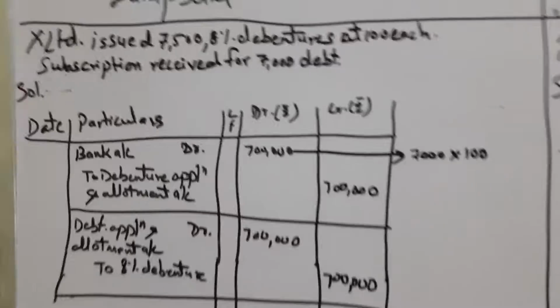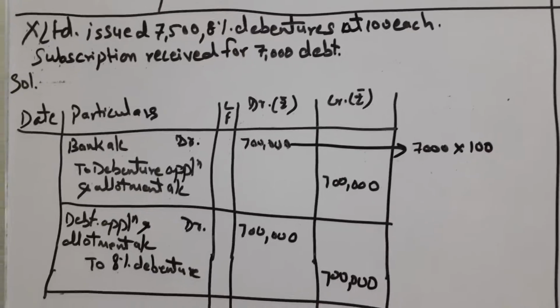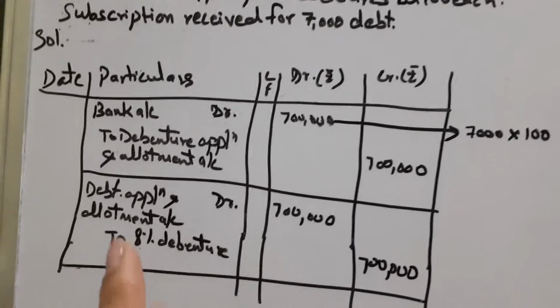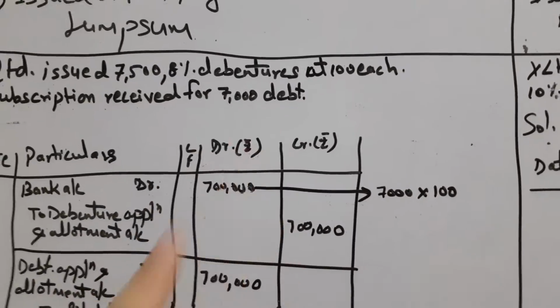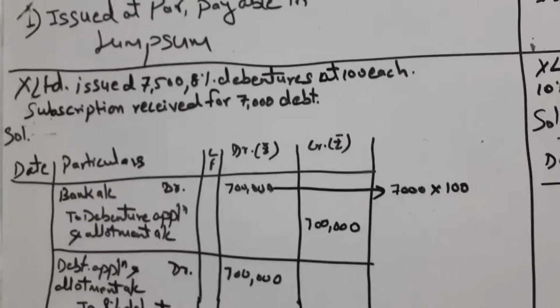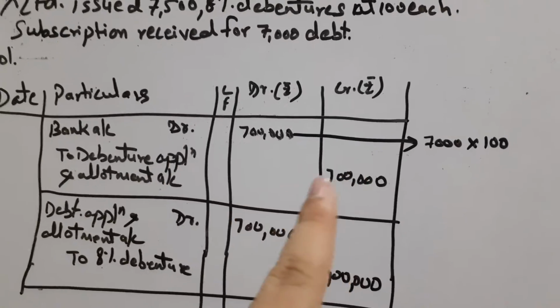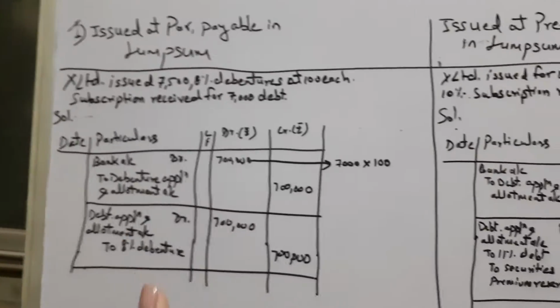In brief you have to just write the reason. Like bank account debited to debenture application account, in this case your narration will be: being application received for 7,000 debentures at 100 rupees per debenture. What you have done here, you have to explain in that small narration. So this is the first case.